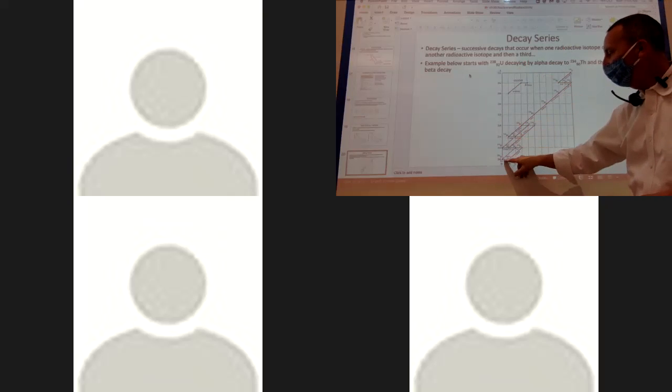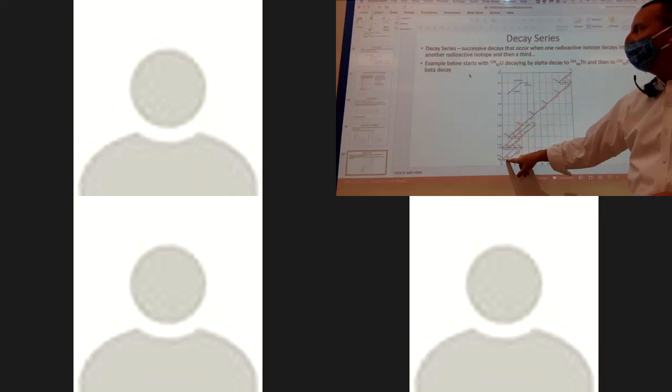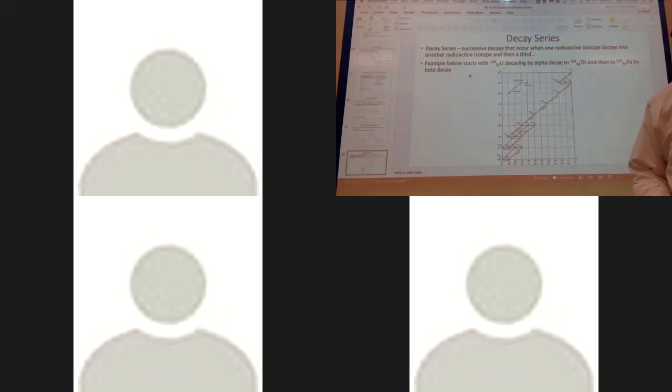So here in this example, we started with uranium-238, has an alpha decay, and then that is still unstable. So now we have some beta decays and then a bunch of alpha decays until we finally get to lead-82 here at the bottom, which is then stable. Okay, that's just called a decay series.